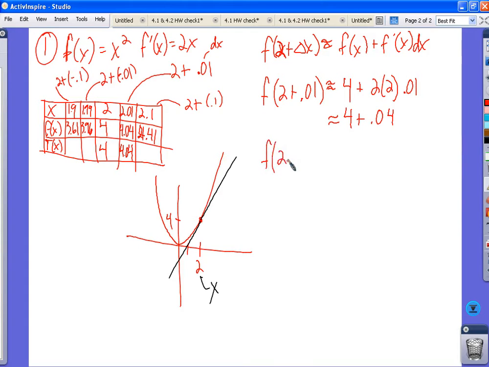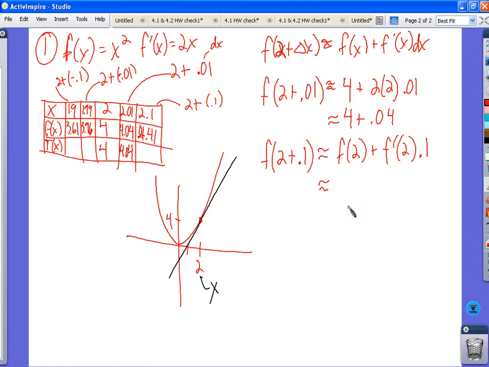Do it again. What's going to be our next delta x? 0.1. It doesn't have to be 0.1, we can do negative 0.01, negative 0.1, but it seems natural. We'll move on to 0.1. That's going to be approximately f of 2 plus f prime of 2 times what? What's dx? 0.1.